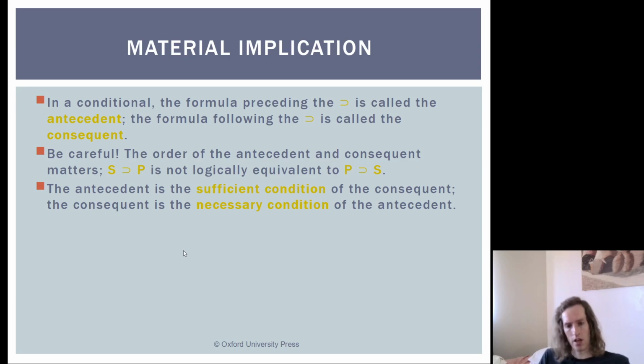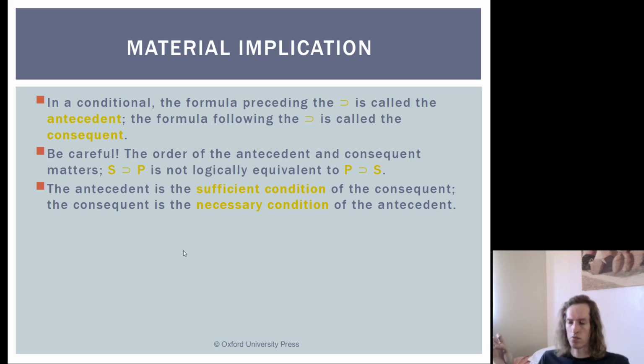Easy enough. If we reverse them, it doesn't work. Where I say, if an object has four sides, then it is a square. Now, obviously, there's other kinds of objects that have four sides, so I don't know certainly that if an object has four sides, that it is a square. So this is an example of why you can't just reverse the sides of a conditional statement; it's very important to keep in mind which side's which.